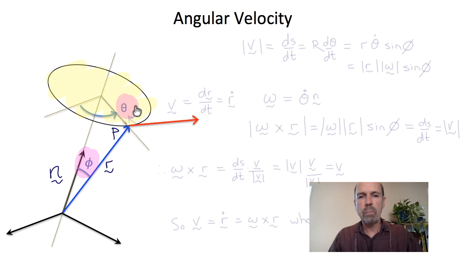The position of P is theta, and the velocity vector tangent to the circle v is dr/dt, or r dot. Now the magnitude of v is ds/dt, where s is arc length around the arc, which would be r d theta/dt.